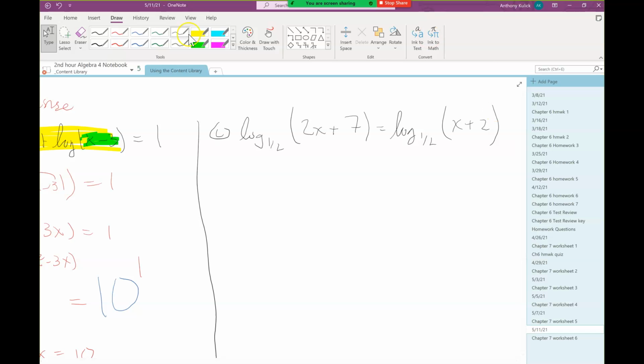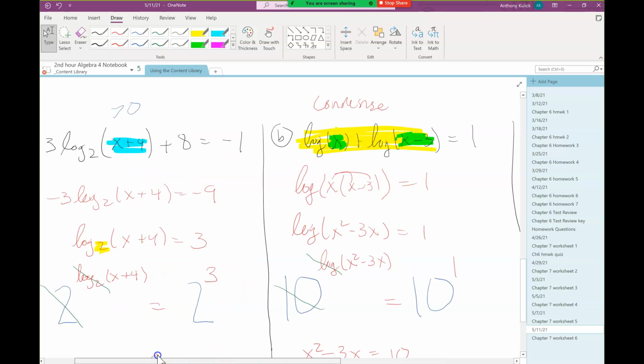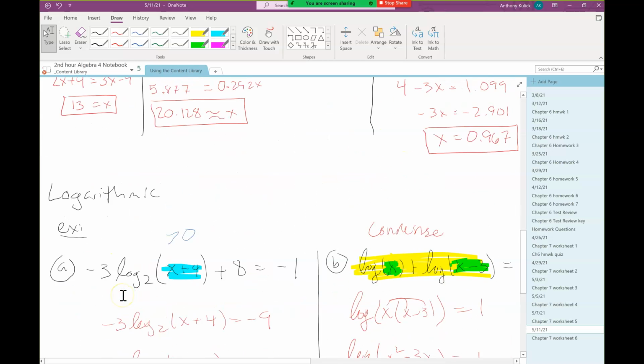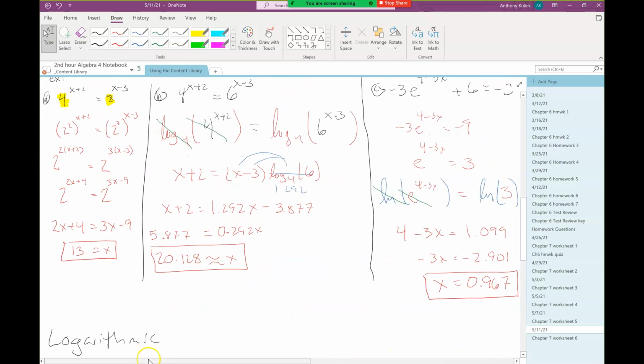So in this problem we have two logarithms, and we have nothing that's not a logarithm, right? This is the easiest situation, if they're set equal to each other like this. Because really, this is the same idea that we had right here.